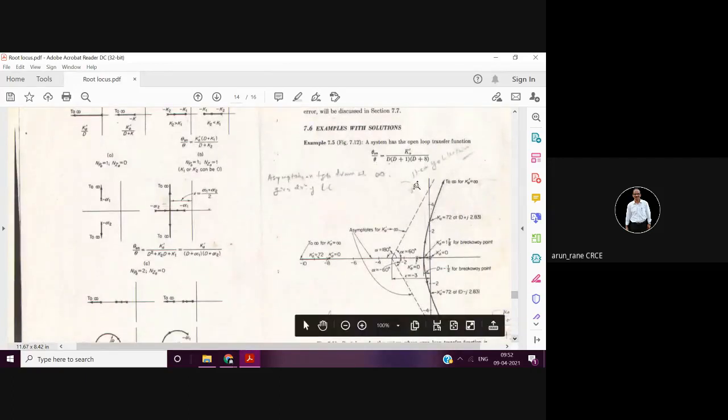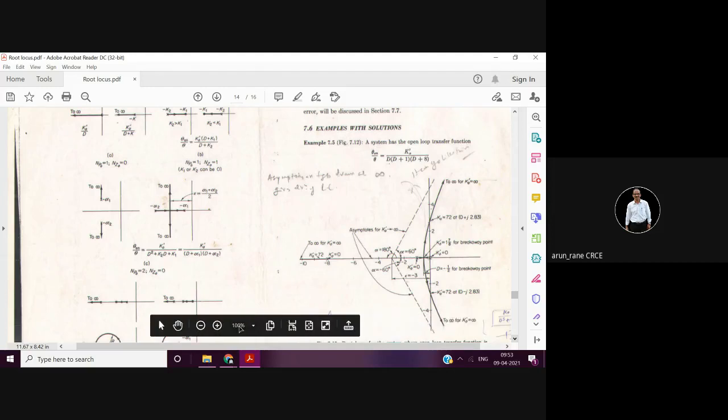So now suppose a system has the open loop transfer function. Sketch the root locus. This you have to draw on graph paper. That is actually much simpler. So how many roots are there? There are three roots. That means there will be three branches: one, two, and three. How many poles are there?